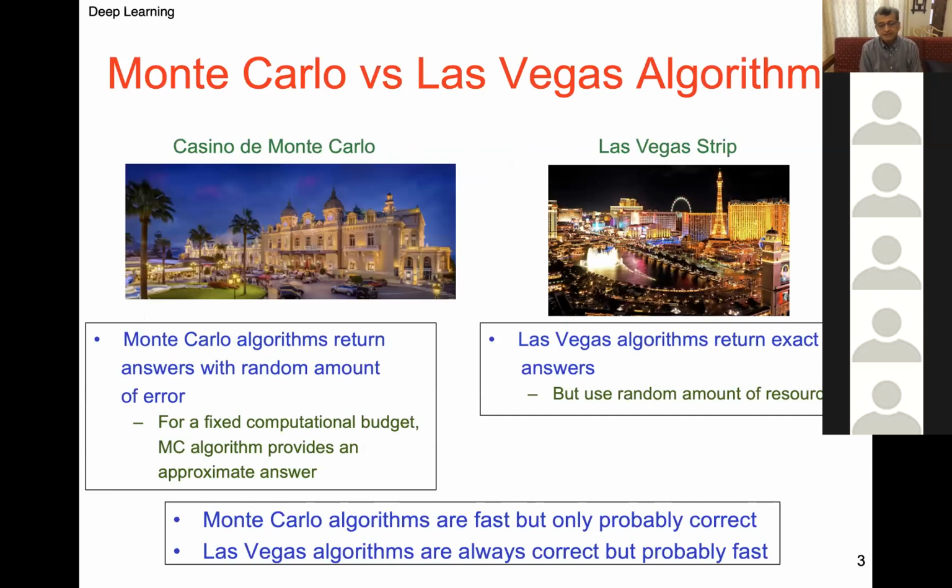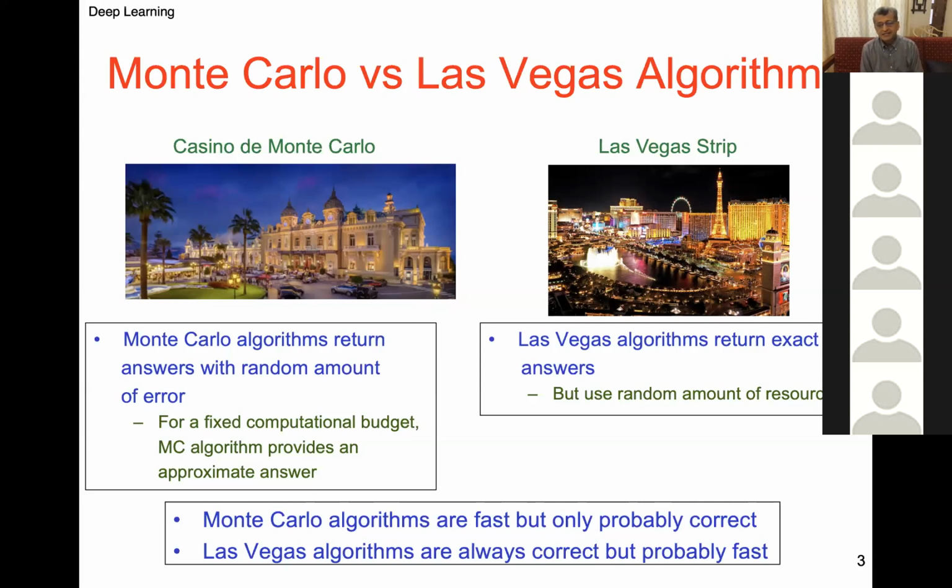So let's begin with Monte Carlo versus Las Vegas algorithms. Just to fix these concepts in mind, I have a picture on the left of Casino di Monte Carlo, which is the famous casino in the city of Monte Carlo, where there are lots of casinos with slot machines where one can gamble.